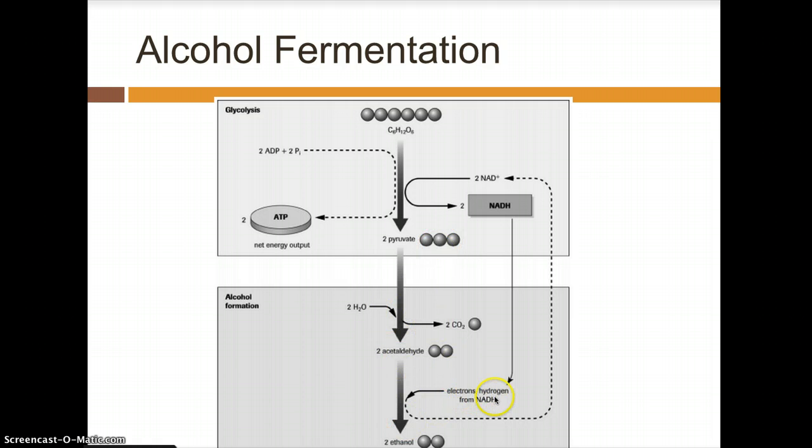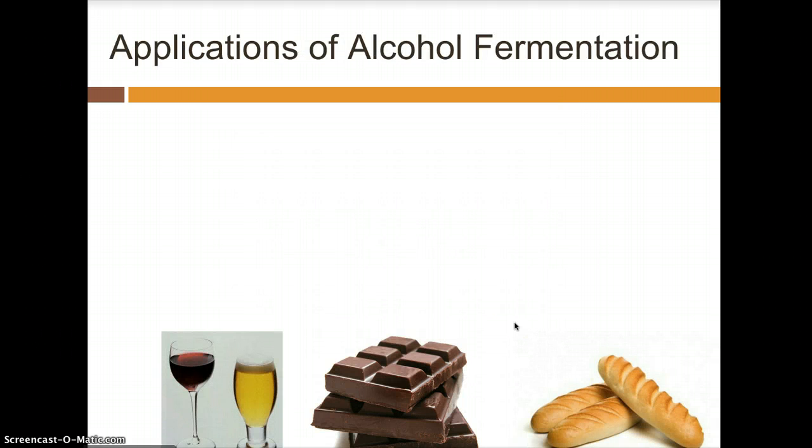All right, and then we have electrons and hydrogen from NADH coming in, reducing this compound into 2 ethanol molecules. So from each acetaldehyde we have an ethanol produced, and this is what creates our alcohol.